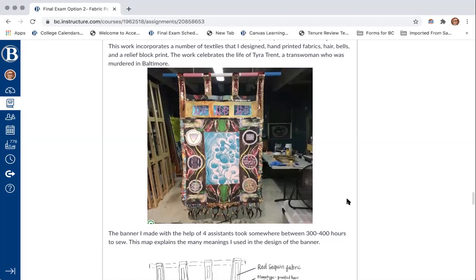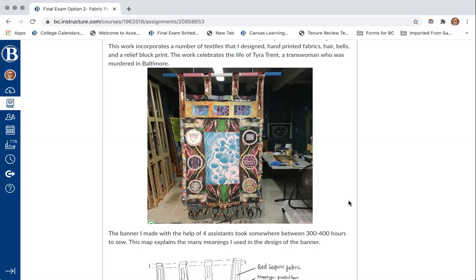I also wanted to include this piece which I've made. This is a banner that I made in honor of Tyra Trent, who was a trans woman who was murdered in Baltimore. This is one of my ongoing memorial pieces.